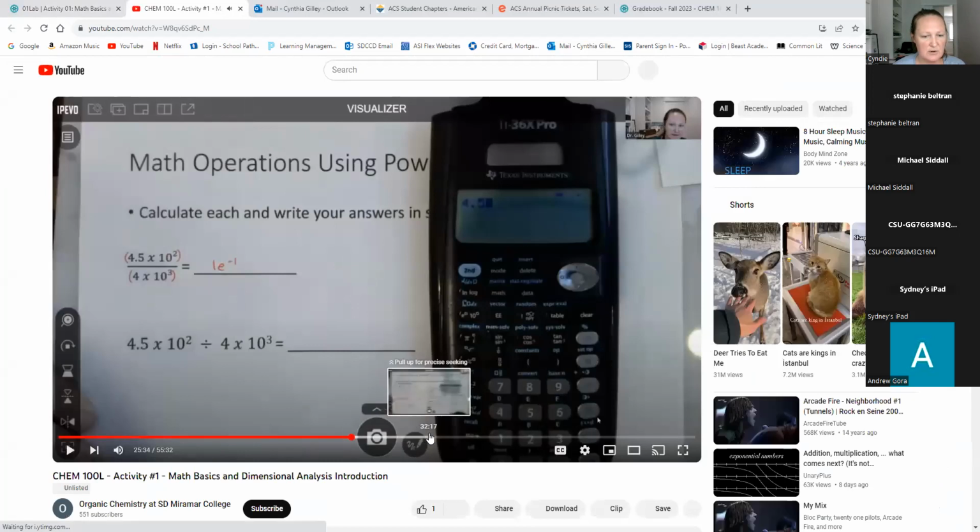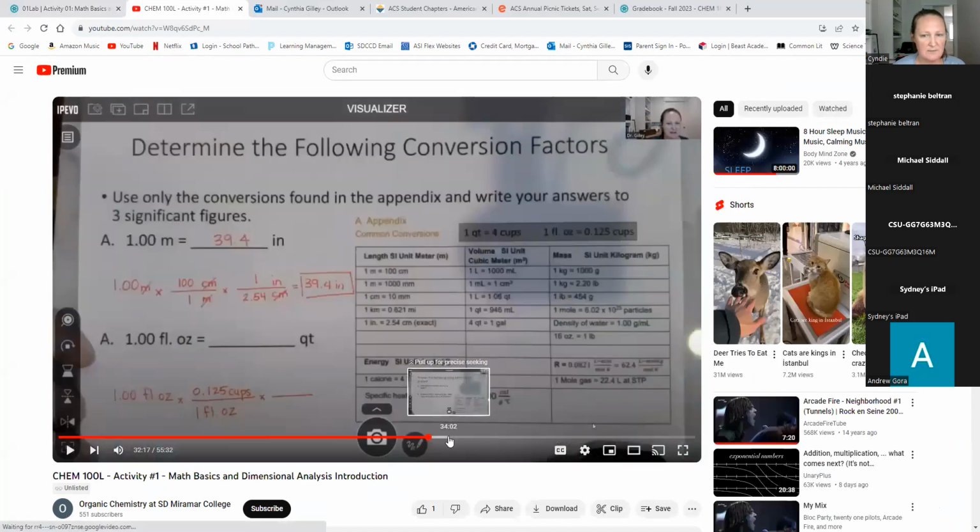I just wanted to show you that once we get to that section, I did put in a couple more conversions that are not actually in the appendix. But otherwise, we do want to use the appendix as opposed to searching your own, because the number of significant figures can be different if you search your own. So that's the idea behind it. It's also right there in the pre-lab lecture video.